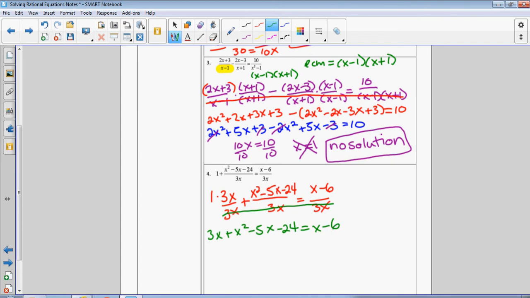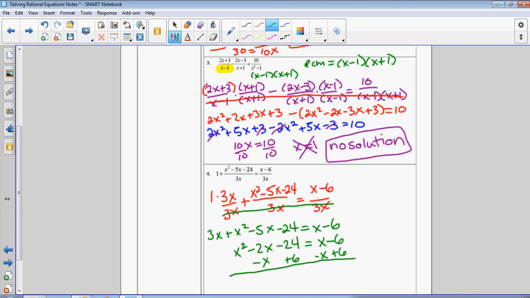And 3x minus 5x is negative 2x. So we have x squared minus 2x minus 24 is equal to x minus 6. And then I need to make one side 0 because this is a quadratic equation.